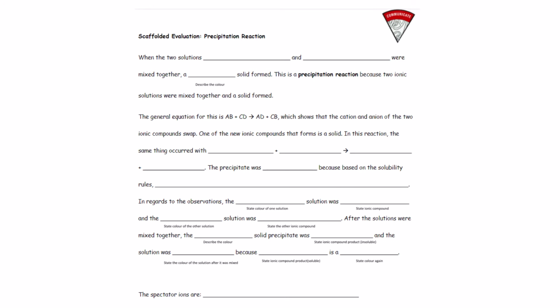So now we will have to write this evaluation of a precipitation reaction. We'll have to do 2 evaluations, and 1 has to be this precipitation. So here it is. When the 2 solutions, lead nitrate and sodium sulfate, again, write neatly, neater than this, were mixed, a white solid formed. This is a precipitation reaction because 2 ionic solutions were mixed together to form a solid.